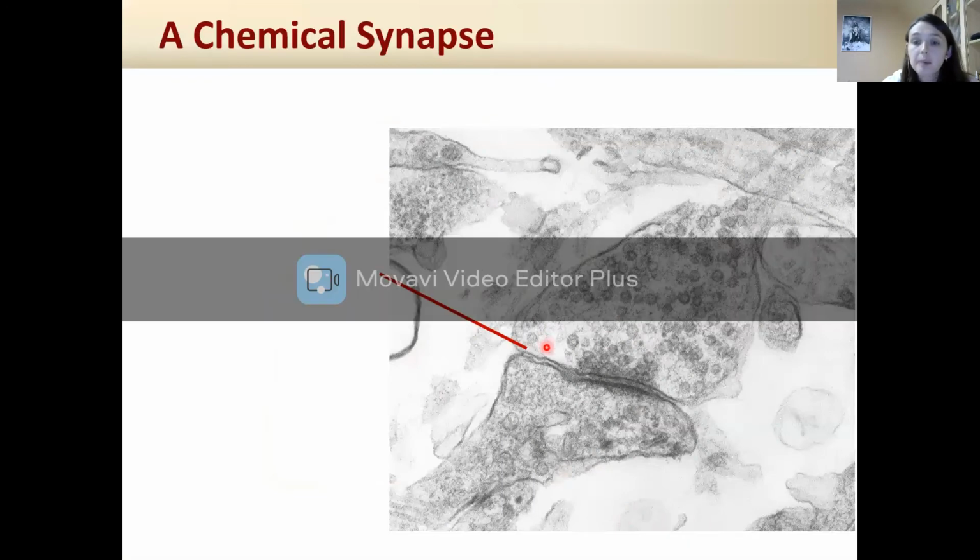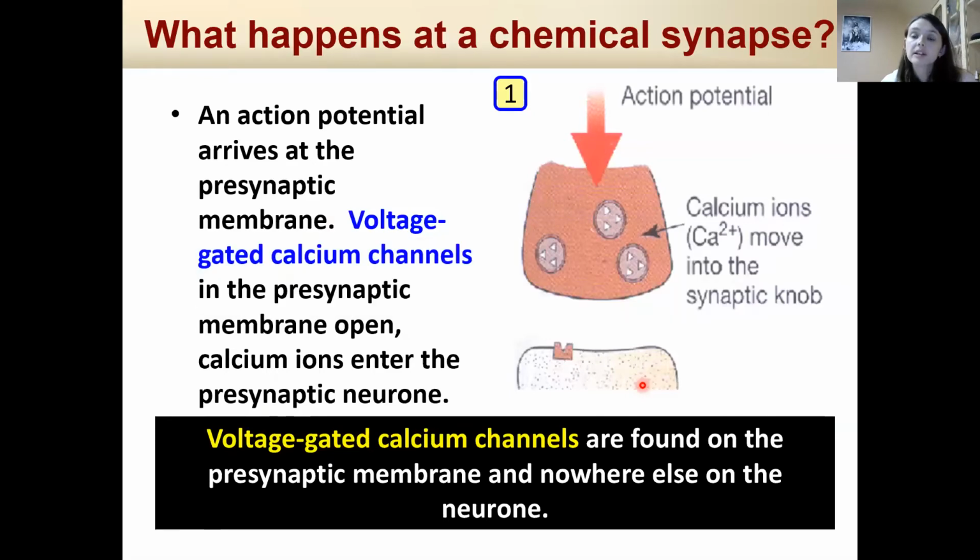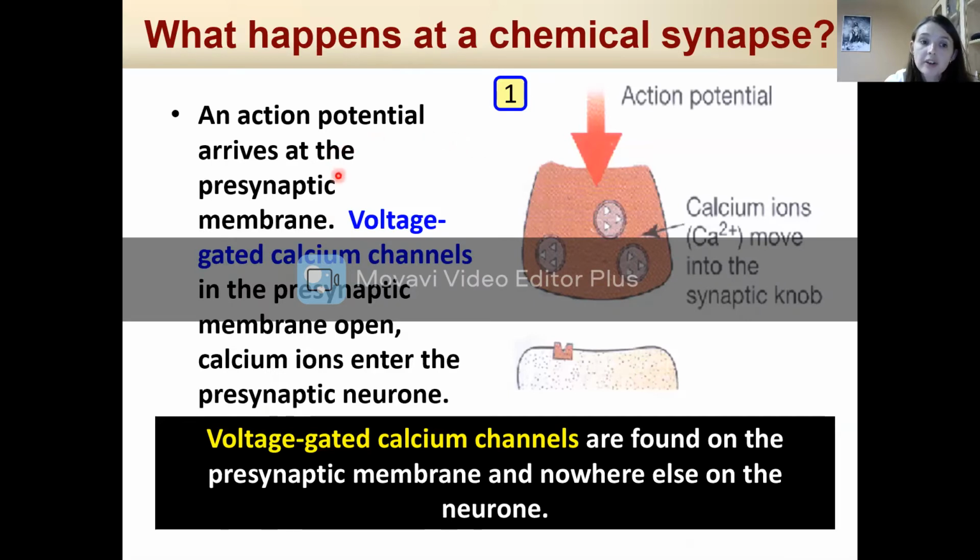So here you have an example from the microscope picture of the chemical synapses. As I told, now let us repeat once more all stages of the transmission of the signal in the chemical synapses. The first stage, action potential arrives at the presynaptic membrane, and voltage-gated calcium channels in the presynaptic membrane will open.